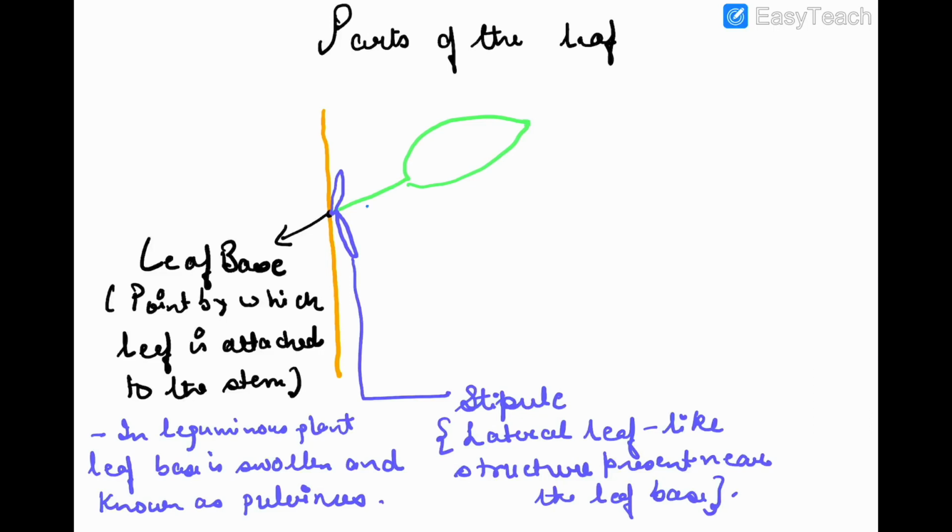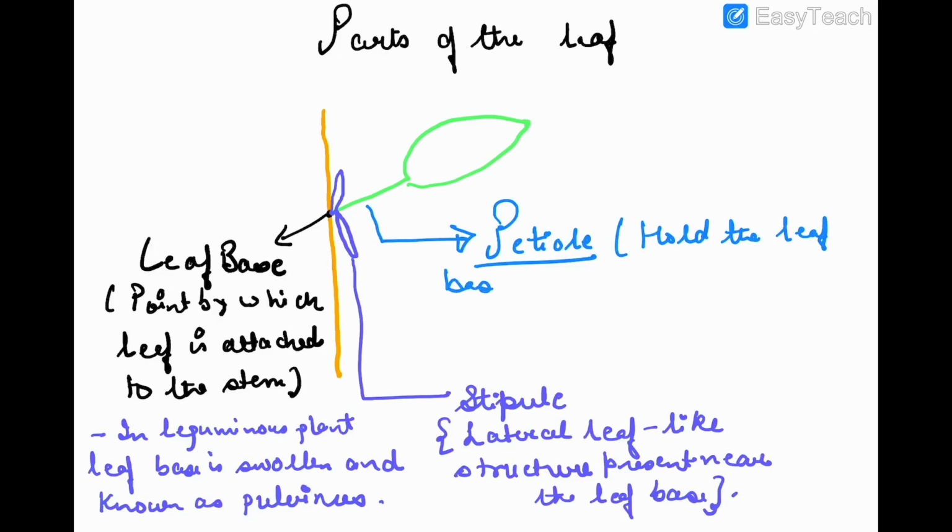Now, this long slender part by which the leaf is attached to the leaf base is known as petiole. So petiole holds the leaf blade towards the light.